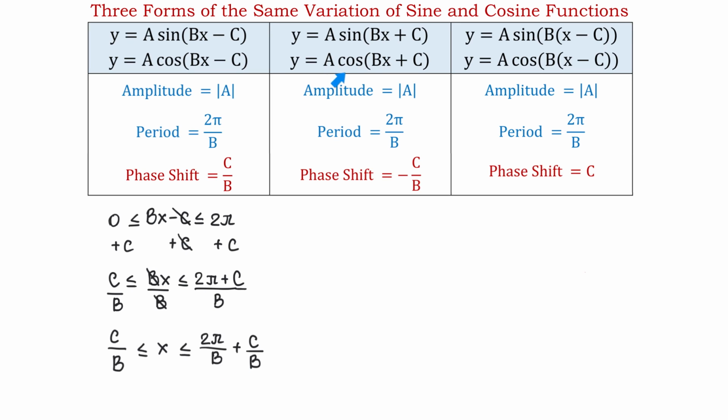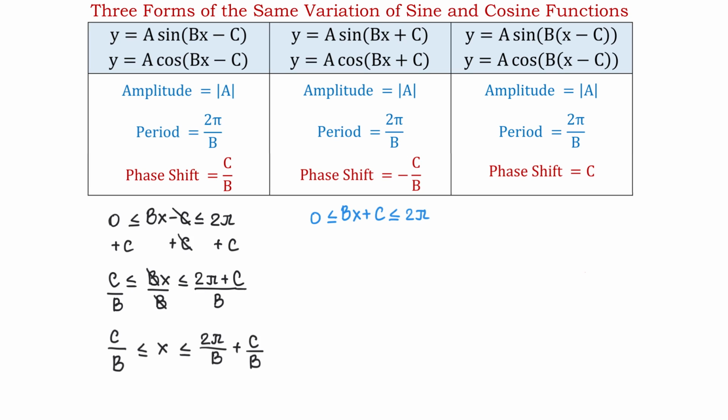Now, with the second form, to find the values of x for which the function completes one full cycle, we will take bx plus c and we will write it between 0 and 2 pi. So then, bx plus c is greater or equal to 0 and is less than or equal to 2 pi.